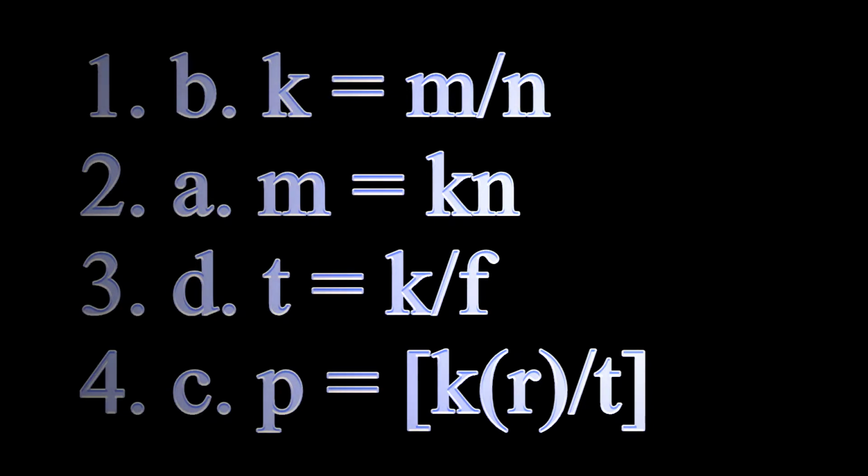Number 3, the answer is letter D, t equals k divided by f. Number 4, the answer is letter C. We have p equals k times r divided by t.